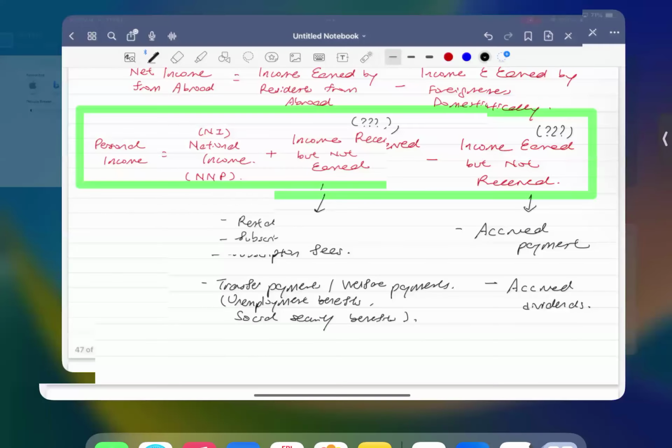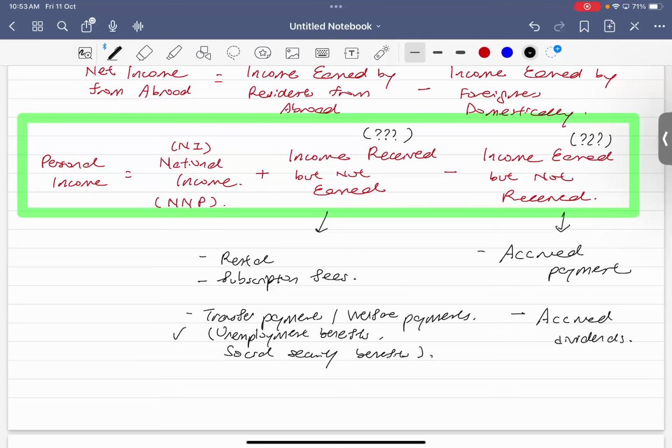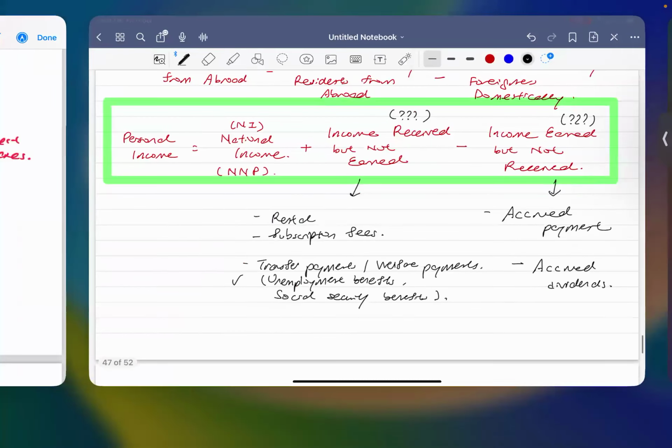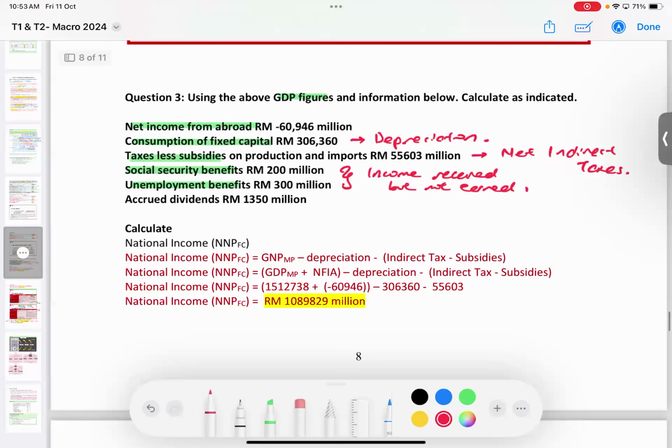Accrued dividends: the company owes you dividends. So income earned but not received.